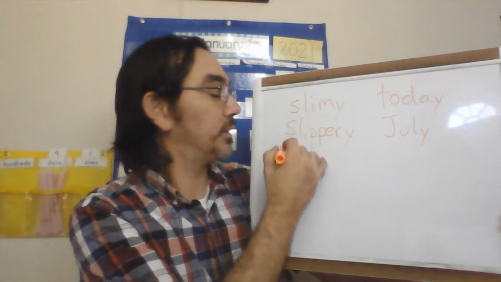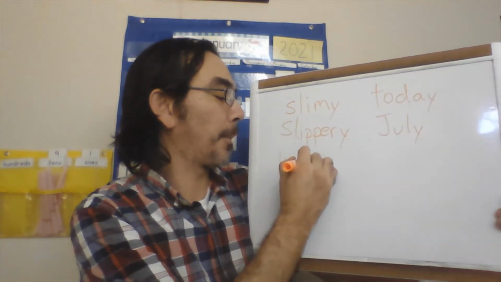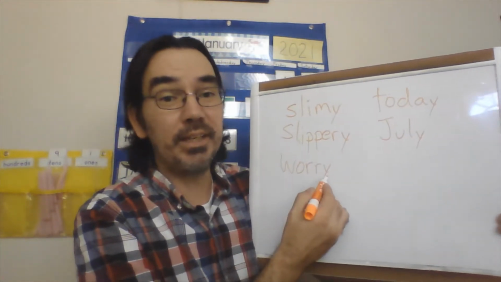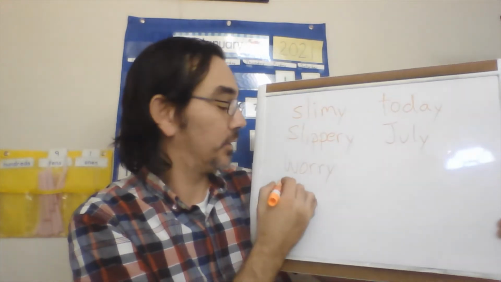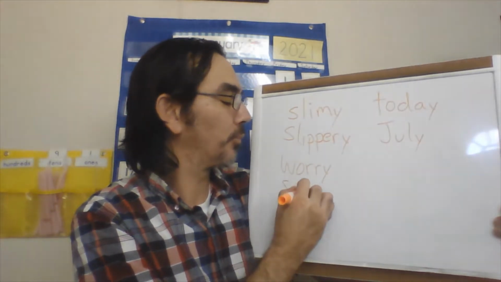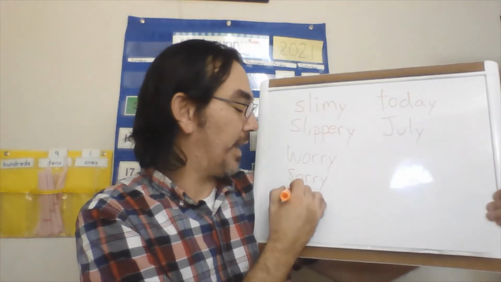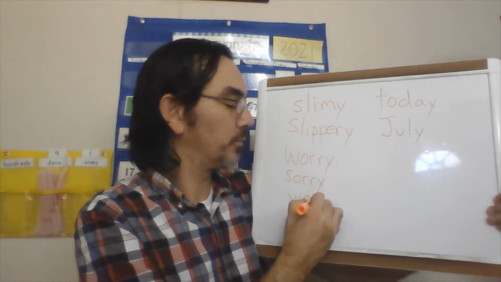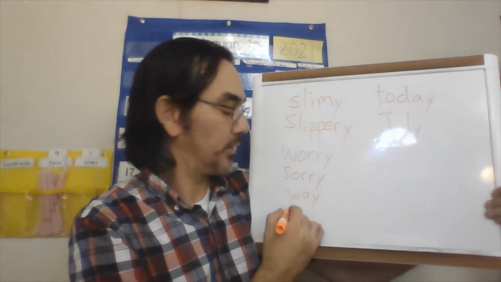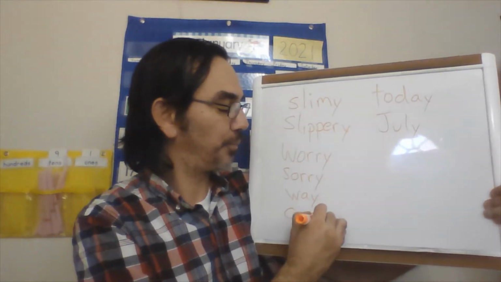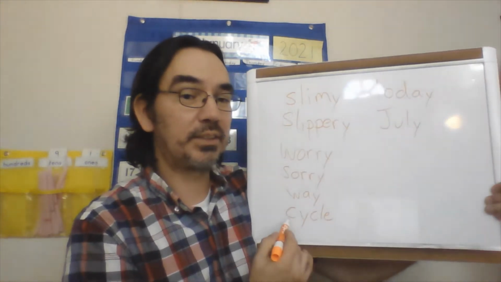Eva sent us worry, which sounds like an E, and sorry. That Y sounds like an E. And way, and cycle. This is a cycle.